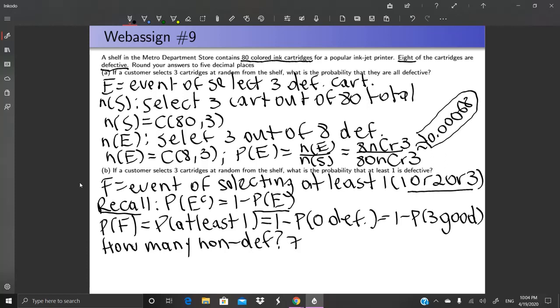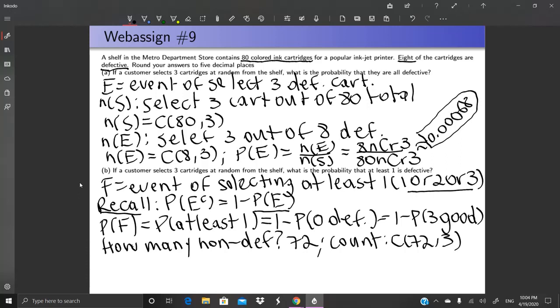So 72. So now we count: counting the number of ways to select 3 good ones out of a total 72 good ones. Again, that's combinations because we're assuming the order doesn't matter here. So we're choosing 3 out of a total 72.